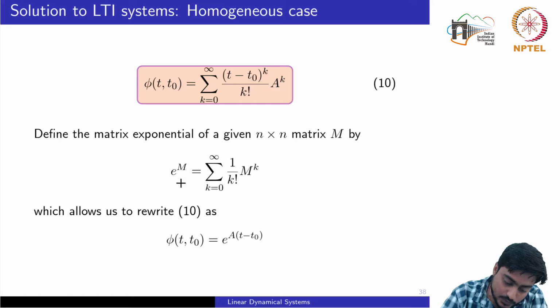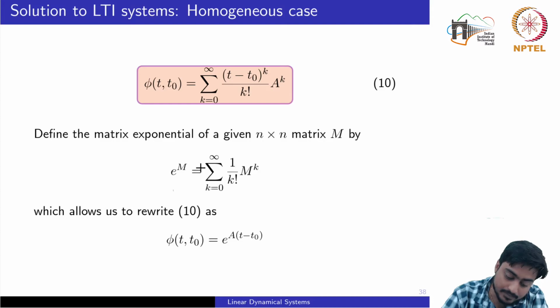Now using this exponential, if I try to rewrite this part, I could write phi of t comma t naught as basically the exponential of A into t minus t naught, right?